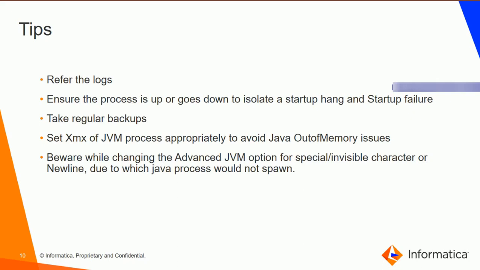And the third case is the process did not even come up. That is where the Java triggering itself did not happen, or the Java arguments being passed to the MRS process are not valid, and you can find exact information of that from the domain log.